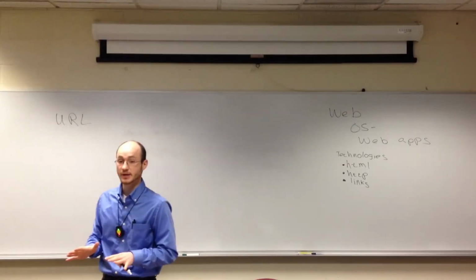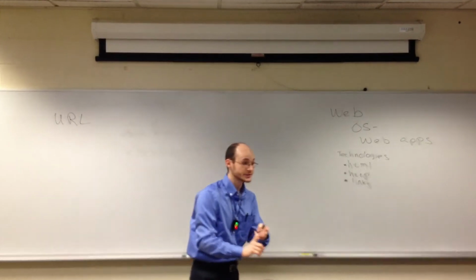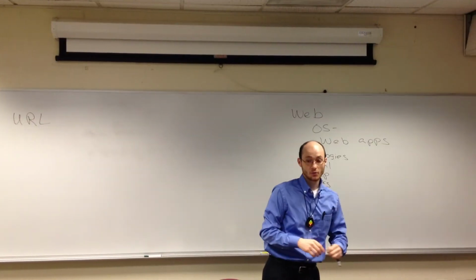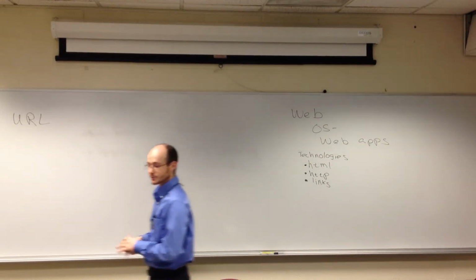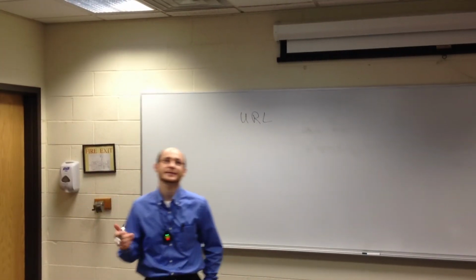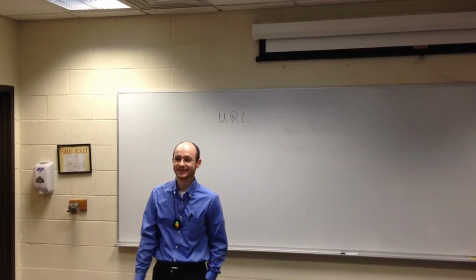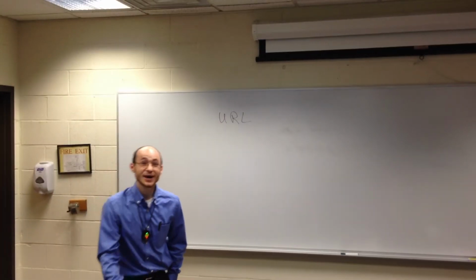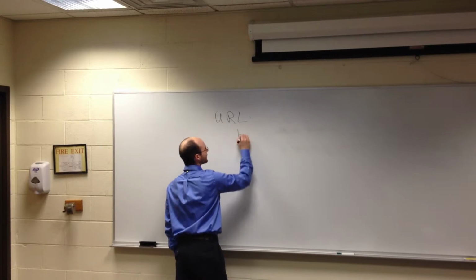Very generic. Because remember, the internet is comprised of a bunch of things, whether it's video, music, web pages, even apps. We're just calling them resources. Jessica, the L? Close. Locator. So let me give you an example of a URL.